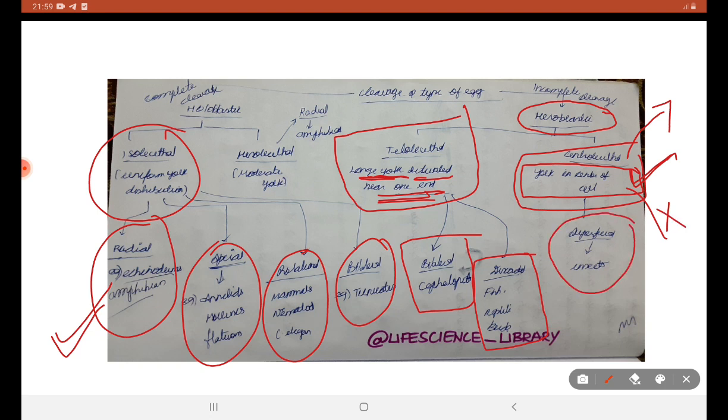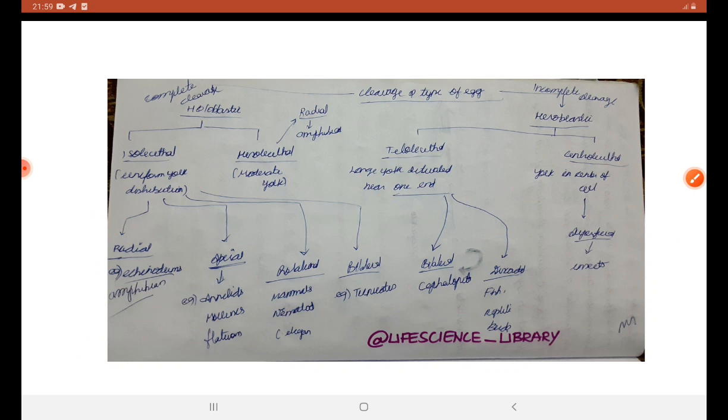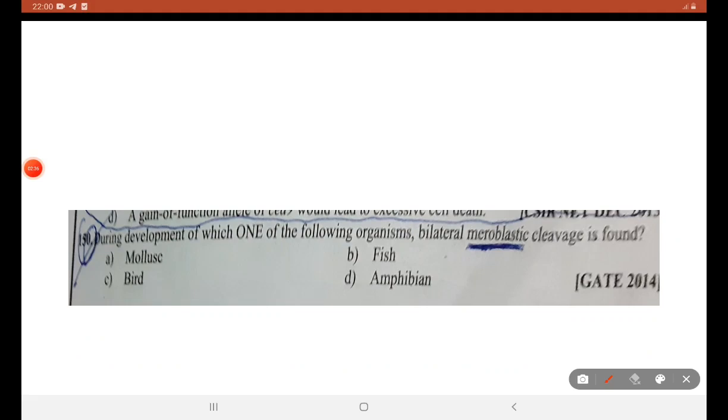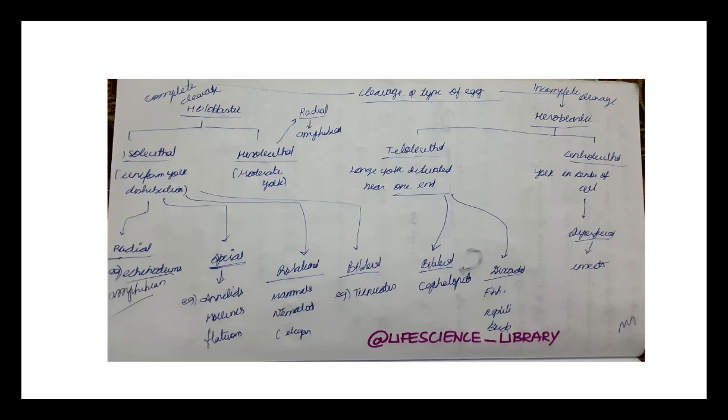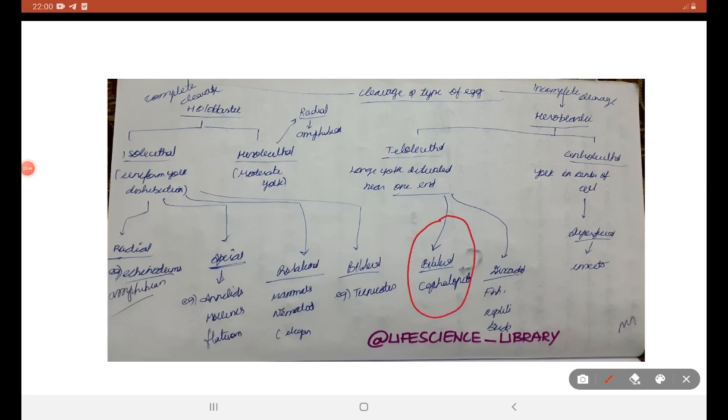It gives rise to superficial cleavage. In this question we are asked to find bilateral meroblastic cleavage, that is seen in cephalopoda. So try to remember this chart.